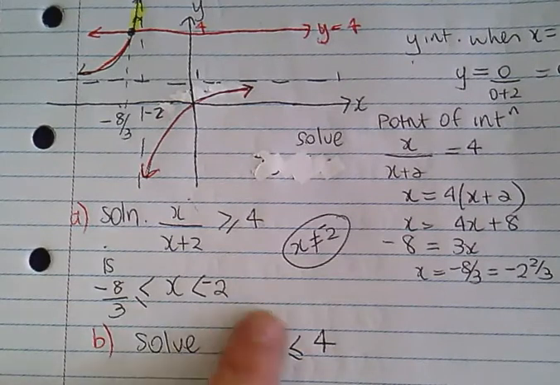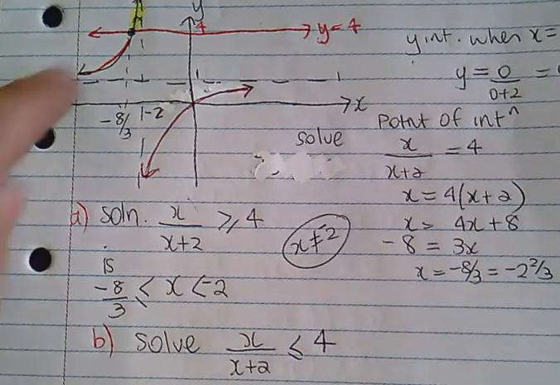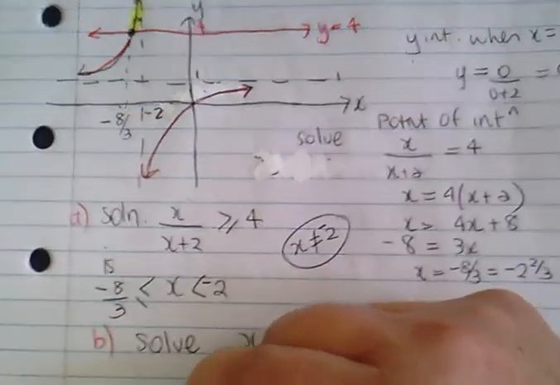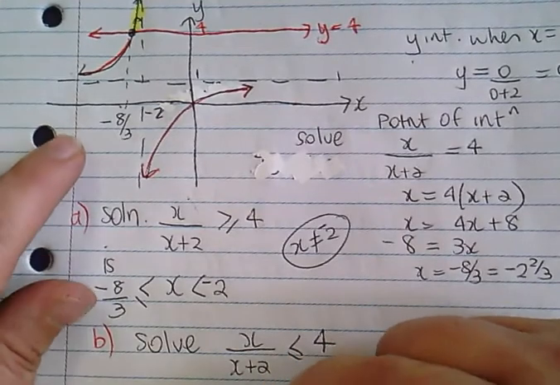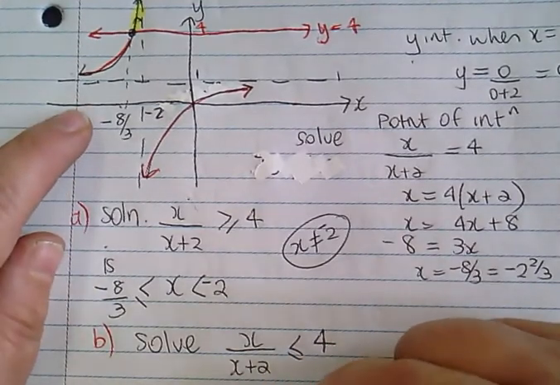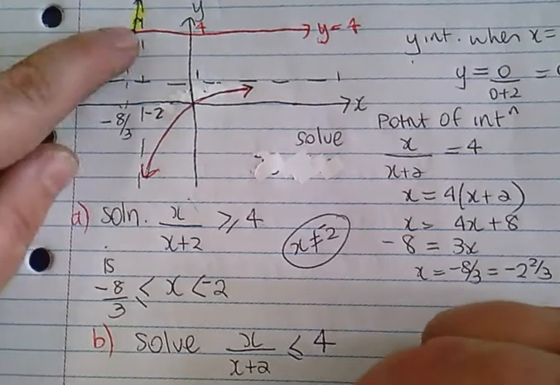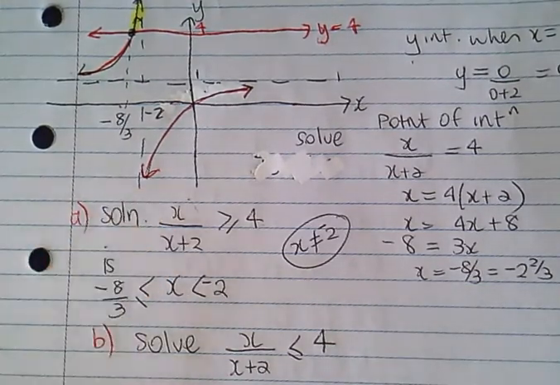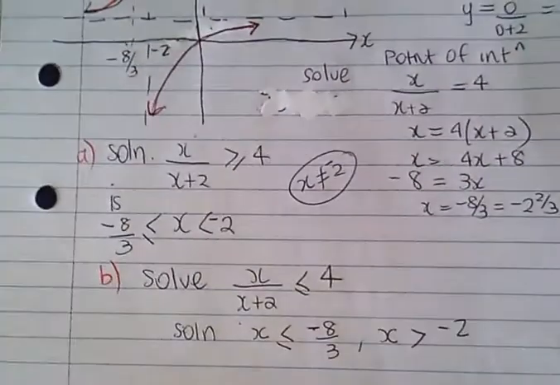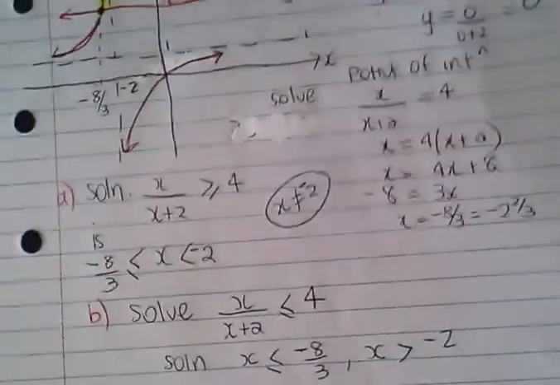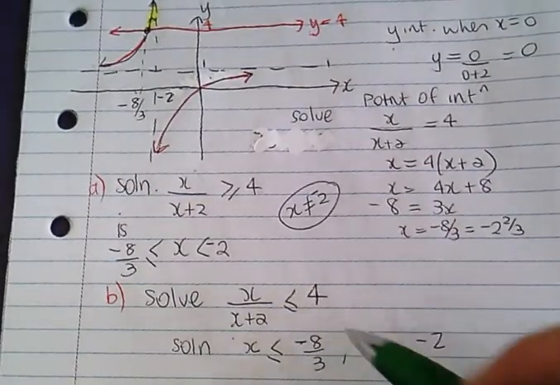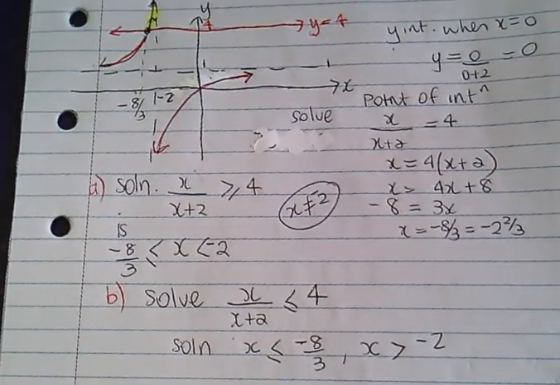The solution is x is less than or equal to negative 8 on 3, and x is greater than negative 2. And if it was just less than, that would be a less than.